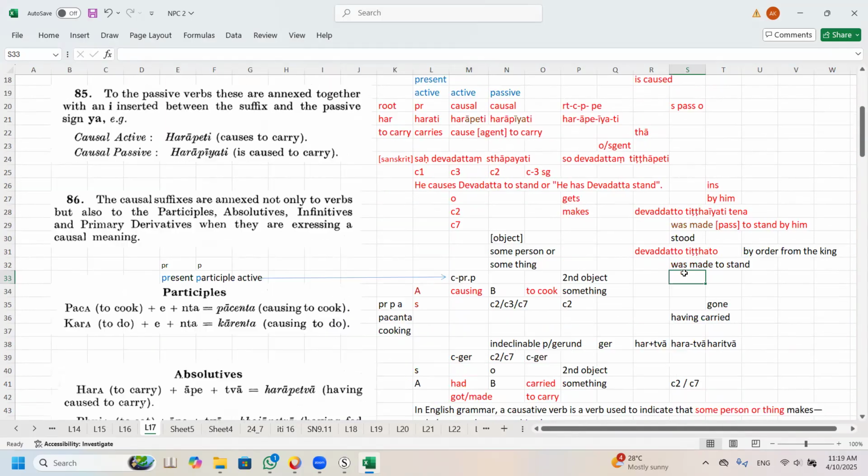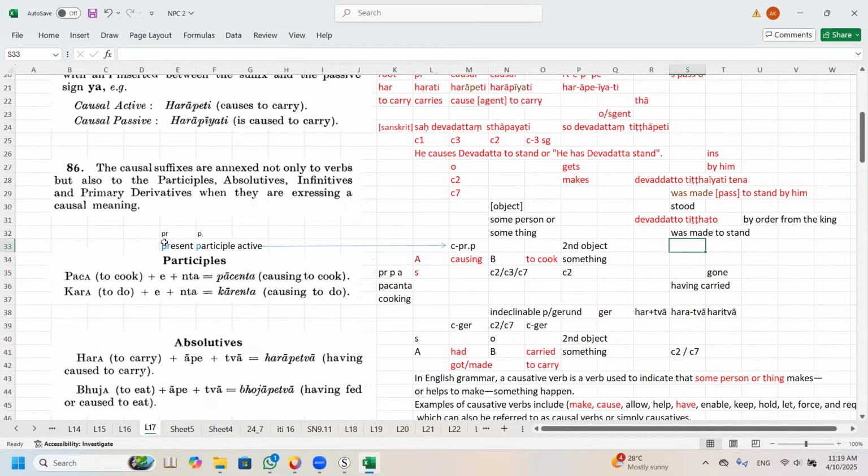All right, so we will go back to 86. So you see here the causal suffix. Again, the causal suffix. This is the terminology used. You see the participle, so it can be present participle or past participle. Absolute means gerund.